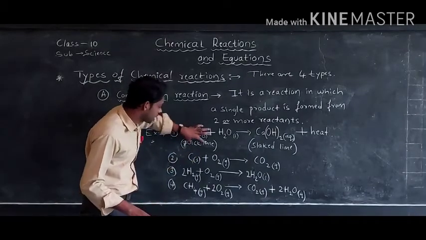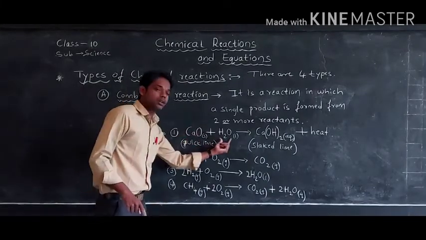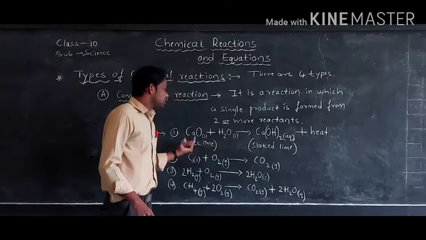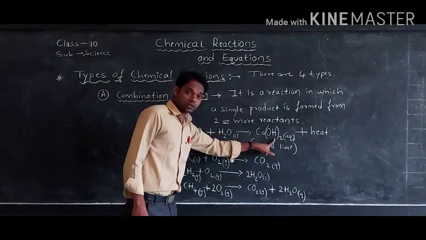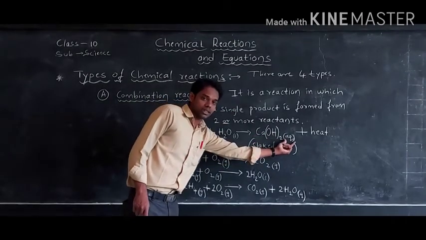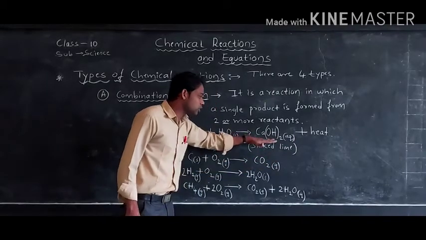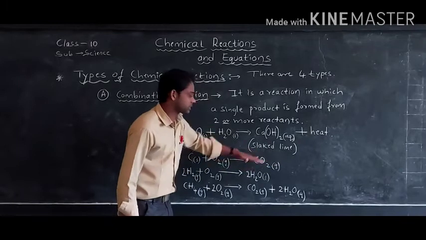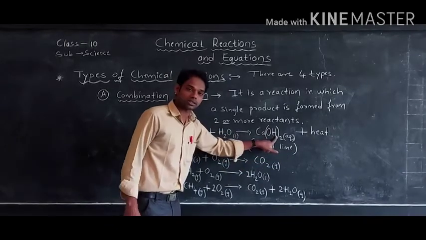When quicklime or calcium oxide reacts with water, which is in the liquid state, it gives calcium hydroxide. It is in the aqueous state, and it is also called slaked lime. Which lime? Slaked lime means calcium hydroxide.